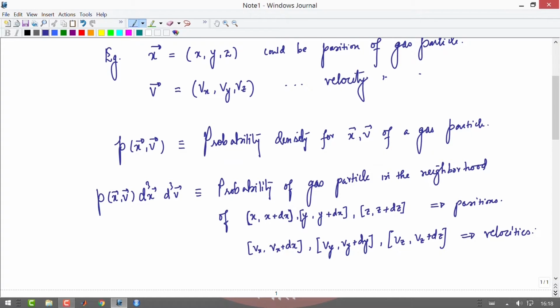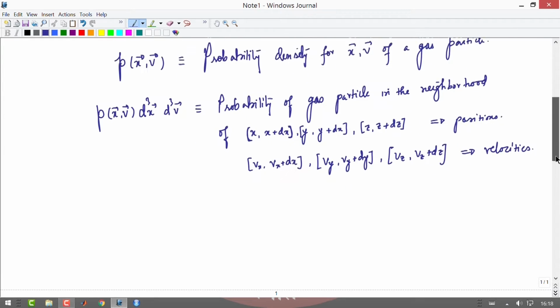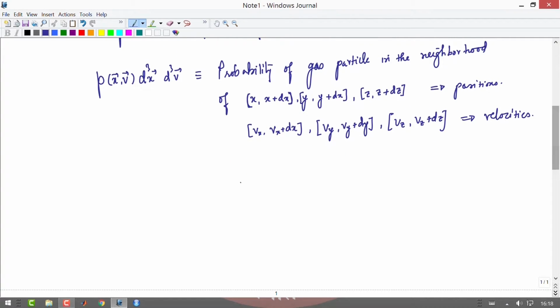This is like a 6-dimensional cube. So I'm going to draw it in 3 dimensions only. You can take x, y, and z, and just take a point here in the space.